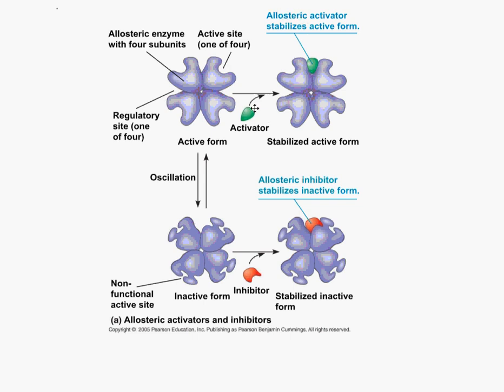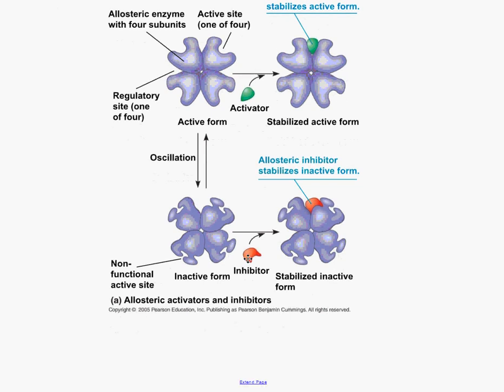And so this activator binds to the allosteric site that is turning the enzyme on. In this case, this inhibitor binds to this allosteric site and turns the enzyme off. And so the body can use this to control the rate of reaction with enzymes.